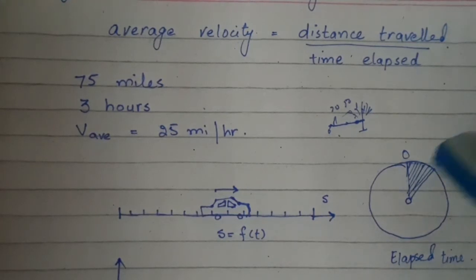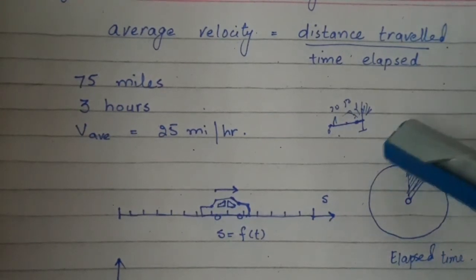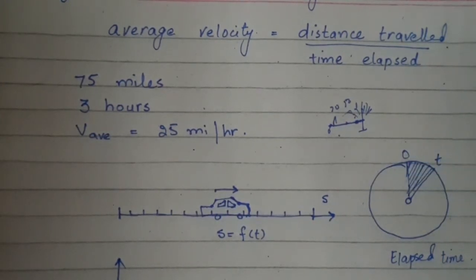As shown in the figure, if the clock tracks the elapsed time starting with t equals 0 to some other time t, then after t seconds the car will have some coordinate s that is a function of time.